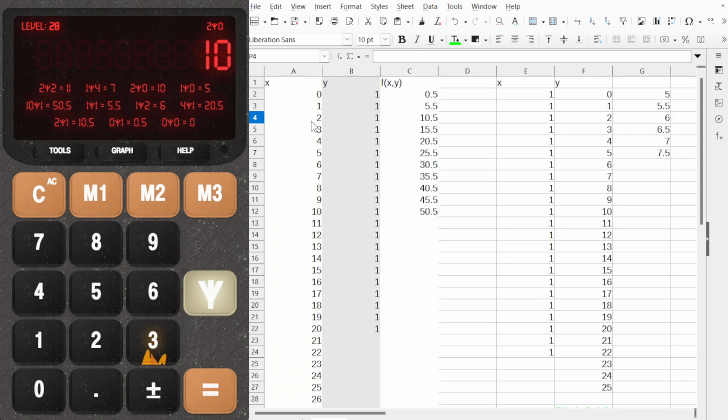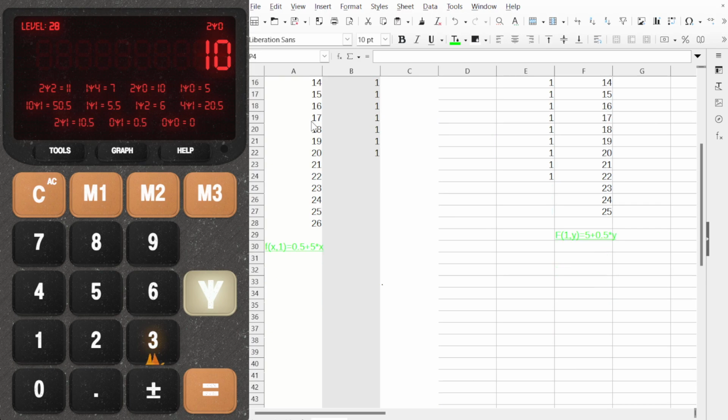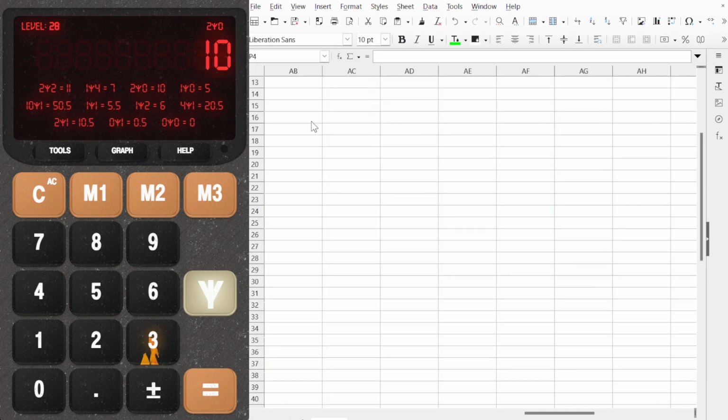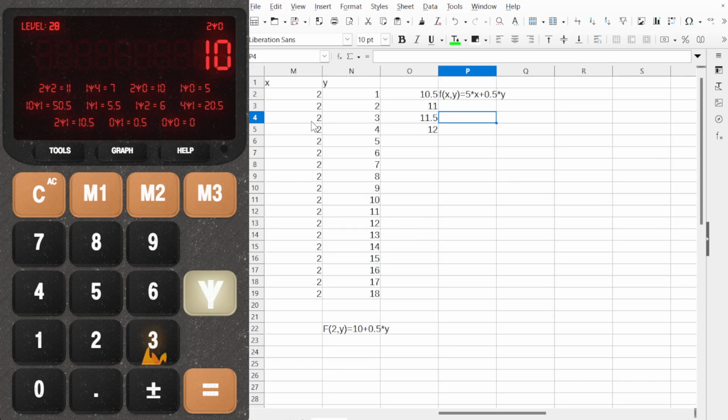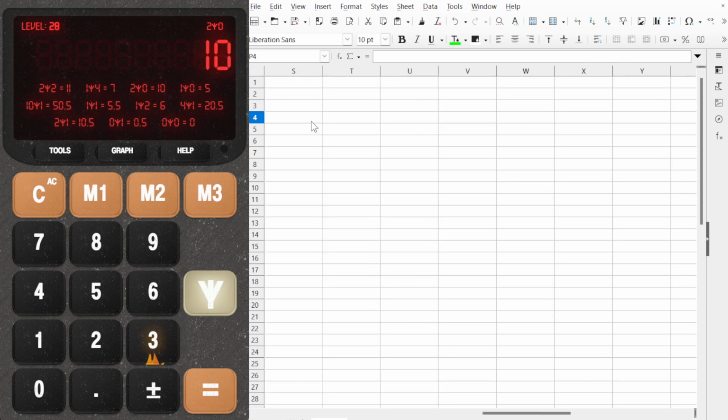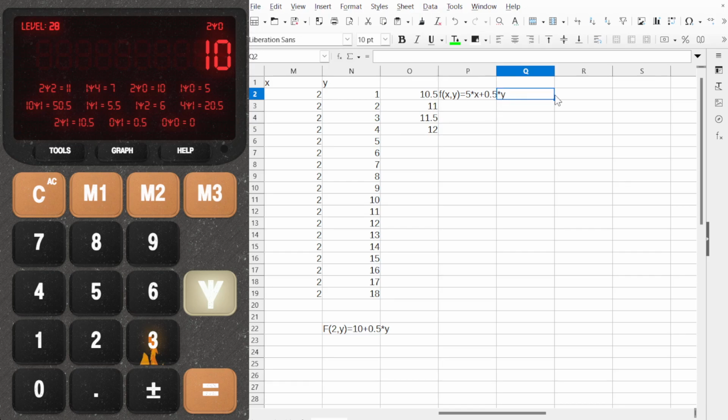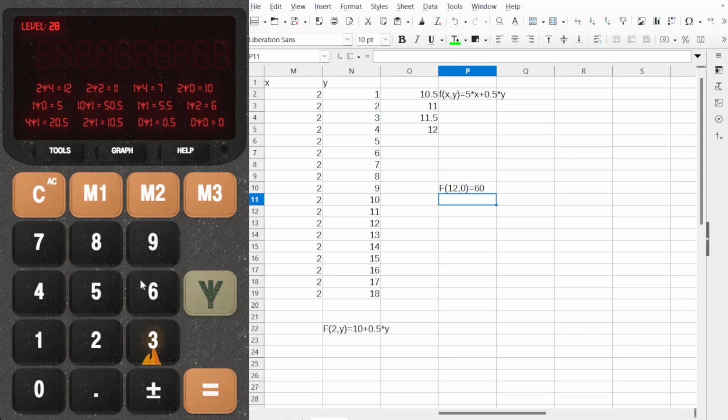Did I make this in the correct order? 5 times x, 0.5 times y. So I am expecting that if I input, let me quickly think about this, 12, 0, I should be getting a 60, if I didn't miscalculate.